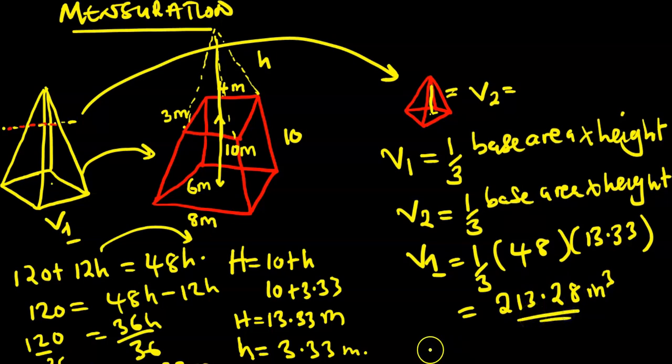Then now volume 2, we apply the same formula, base area, which is the 12 we found in the previous part. Then multiply, the height is 3.3. When we multiply this one, we are going to have 13.32 meter cubed. Now we have volume 1 and volume 2, and therefore we can subtract volume 2 from volume 1.